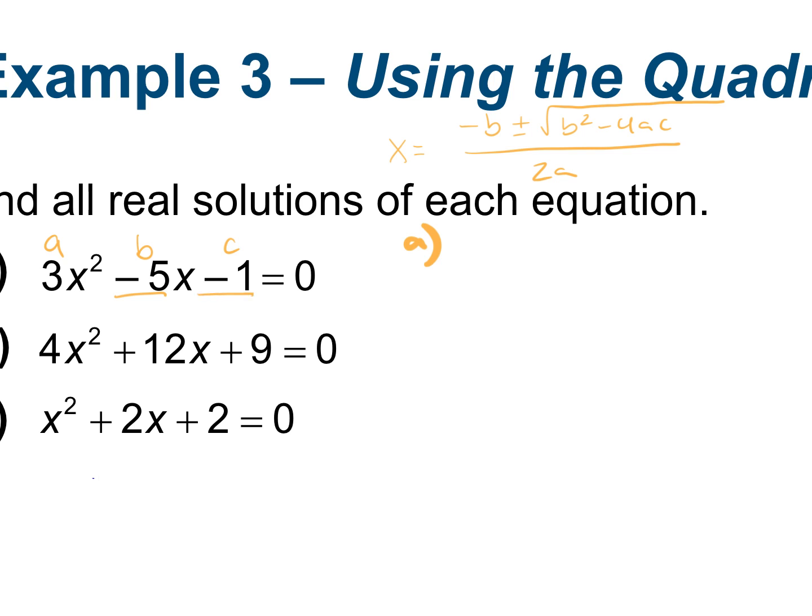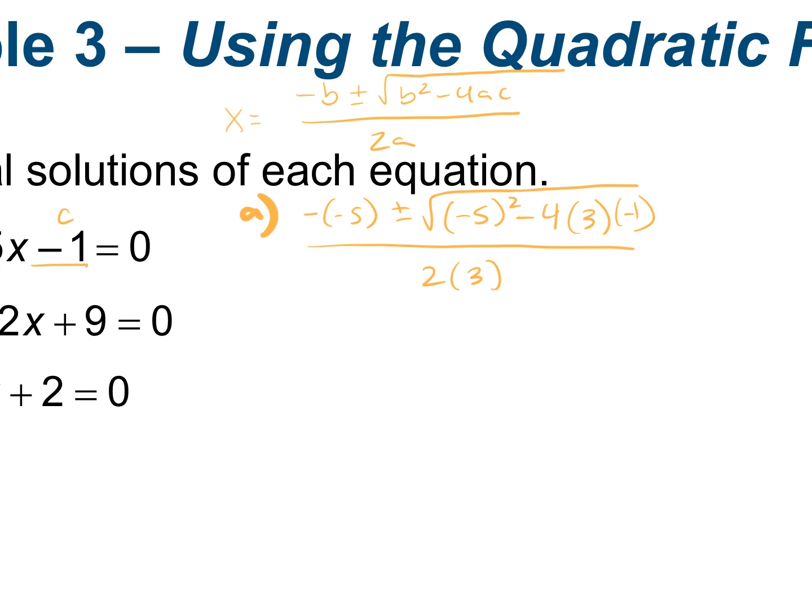So we start with negative 5 plus or minus the square root of b squared, which would be negative 5 squared, minus 4 times 3 times negative 1 over 2 times 3. When simplifying, I think it helps to just go left to right on top.